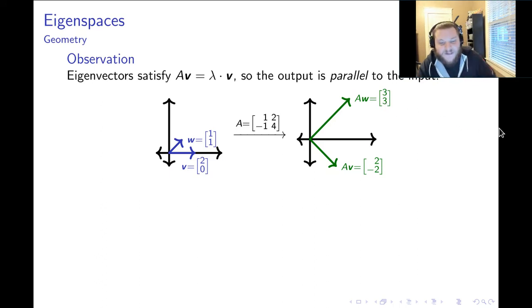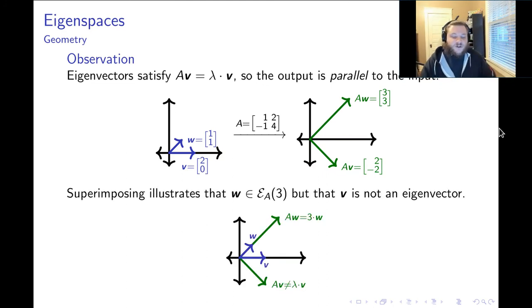Now, what's cool about this example is I can look at those inputs, and I can look at the outputs. In this figure, I'm doing those separately, but all of these vectors live in R2, so I could superimpose these two pictures, and something kind of interesting happens. If I look at the vector V, that's plotted right here. That was the vector 2, 0. When I multiplied by A, I produced 2, negative 2, and that's plotted down here.